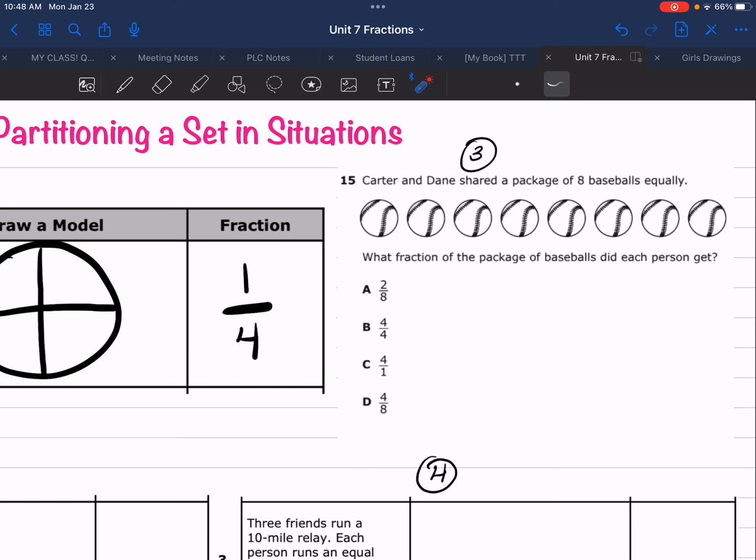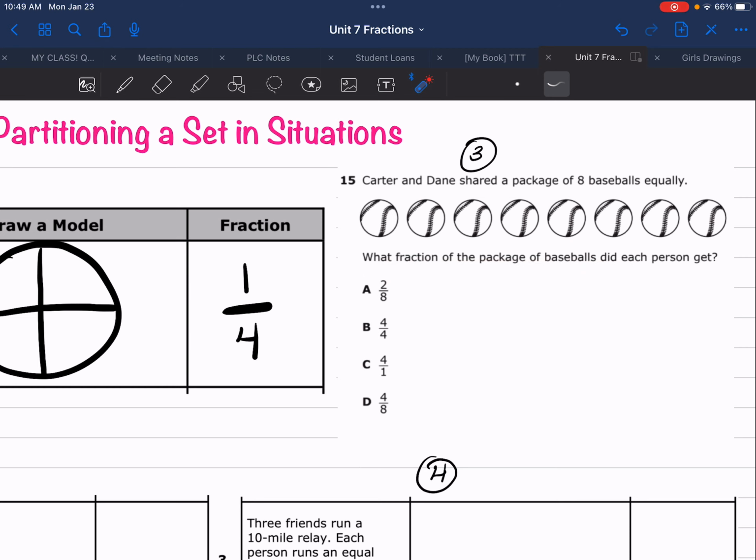Now I want you to solve this problem. It says Carter and Dane shared a package of 8 baseballs equally. 1, 2, 3, 4, 5, 6, 7, 8. Okay, 8 baseballs. Perfect. What fraction of the package of baseballs did each person get?